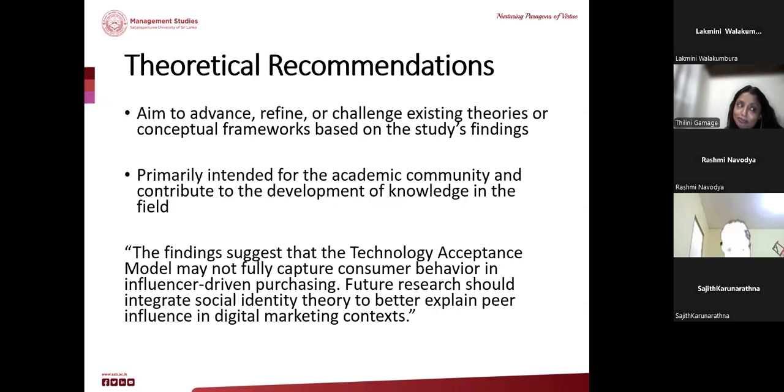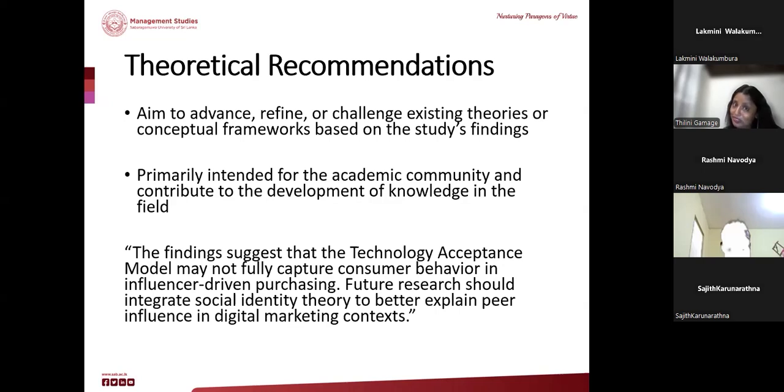It's not just about offering concrete evidence-based suggestions. It has a broader role to be played. So we see how the findings of our study help researchers to advance, refine, and sometimes challenge existing theories or conceptual frameworks based on the study's findings.